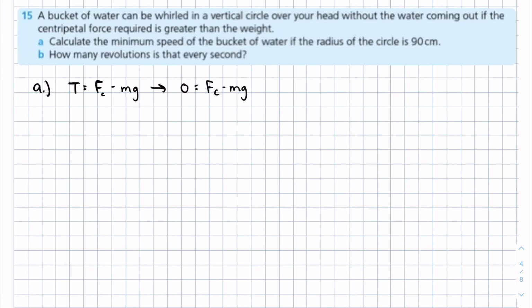We know that centripetal force is mass times velocity squared over radius, so this can also be rewritten as 0 equals mv squared over r minus mg. We know that g is 9.81, and we can move mg to the other side by adding mg to both sides.